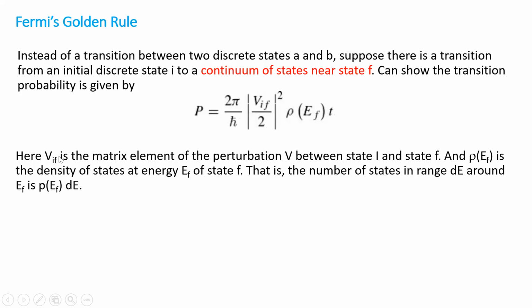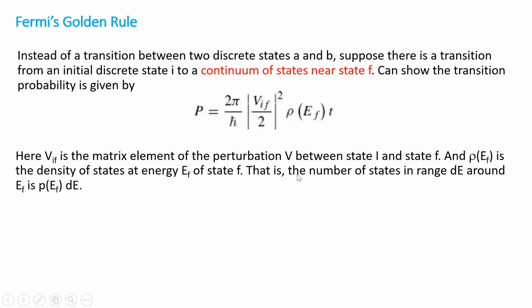So again, VIF here is the matrix element of the perturbation V, which is driving the transition between state I and state F. Meanwhile, rho of EF here is the density of states at energy EF of state F. So what do we mean by the density of states?